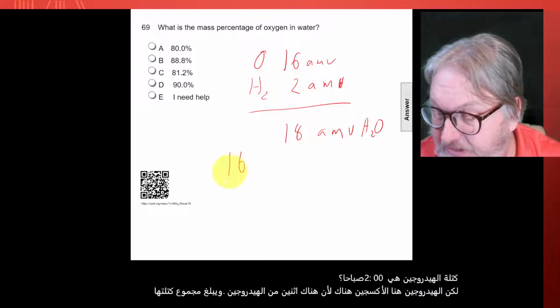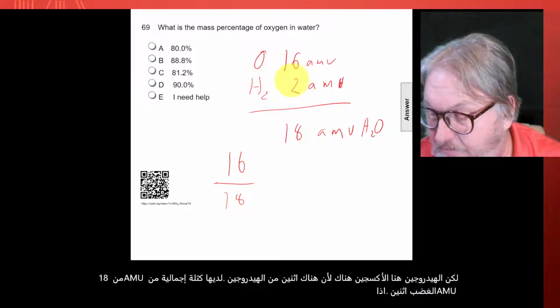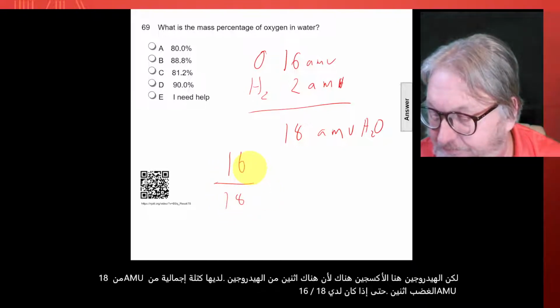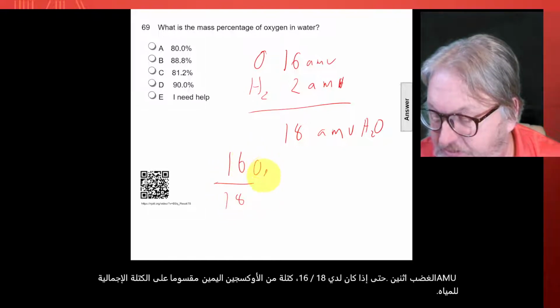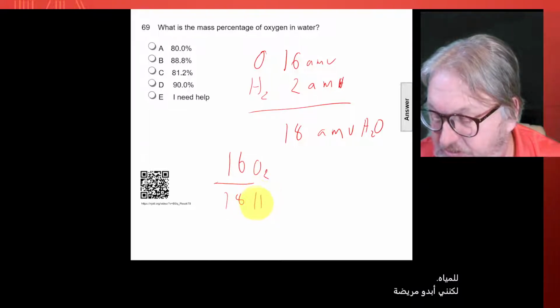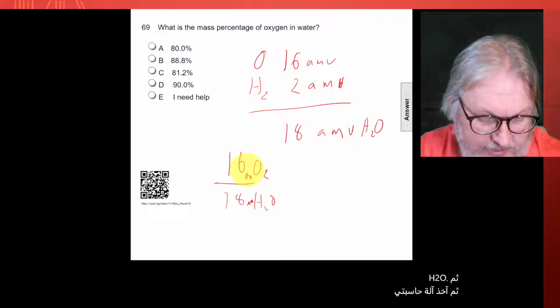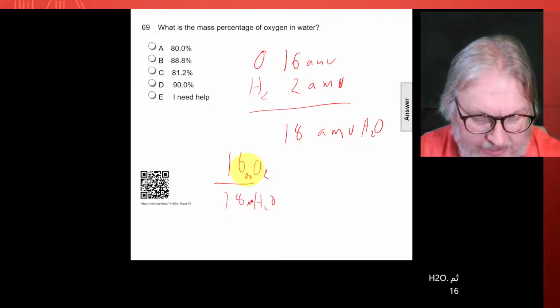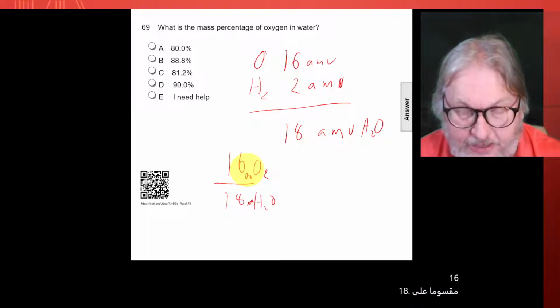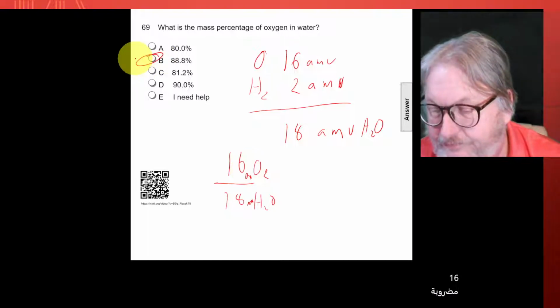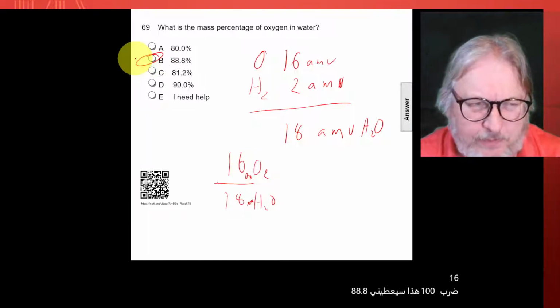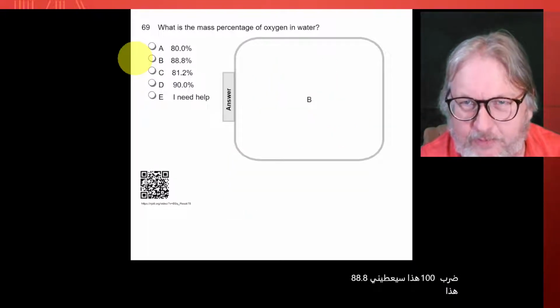So I take 16 divided by 18, the mass of oxygen divided by the total mass of the water. Then I take my calculator, 16 divided by 18 times 100, that's going to give me 88.8. That's the closest one. Actually, I'd probably round up to 88.9, but you know what I'm doing.